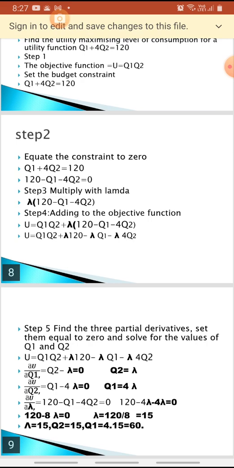So Q2 minus lambda is equal to 0. That is Q2 is equal to lambda.